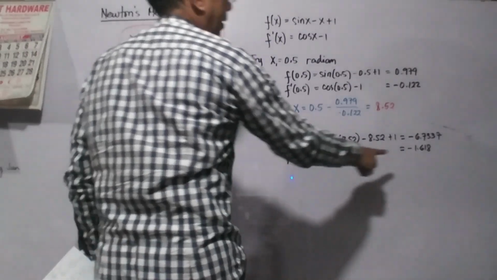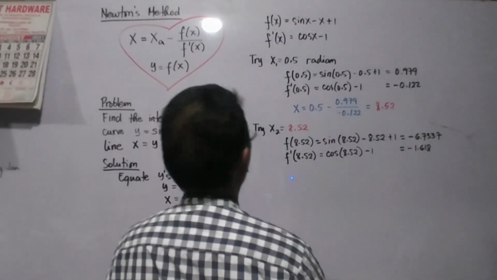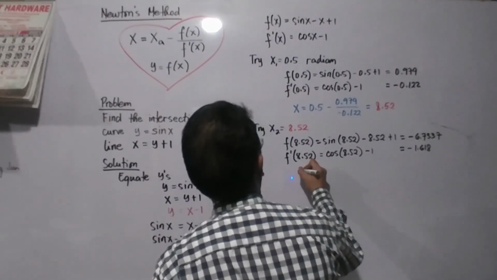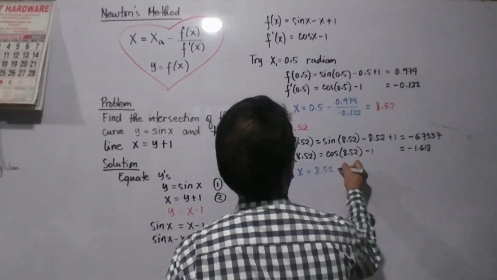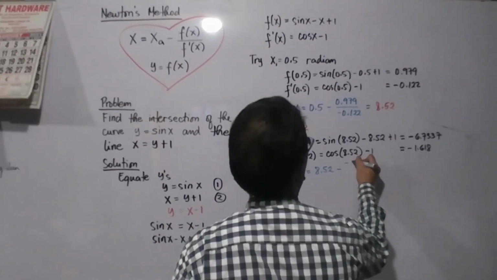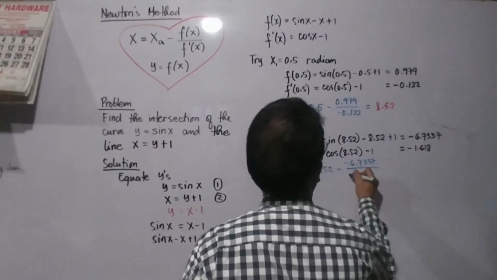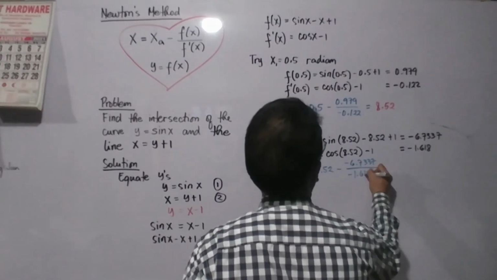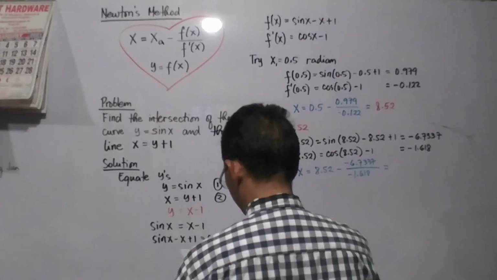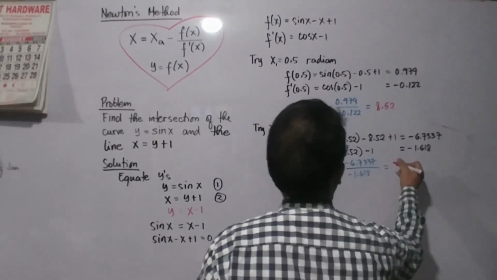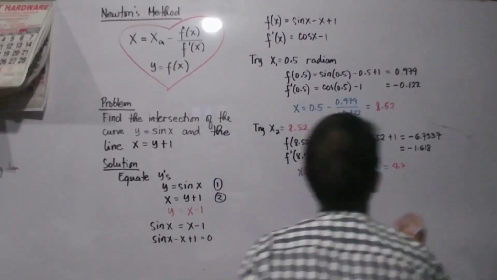As you notice again, you now have a value of the function. Just substitute it again in the formula. So, the answer is 4.358.